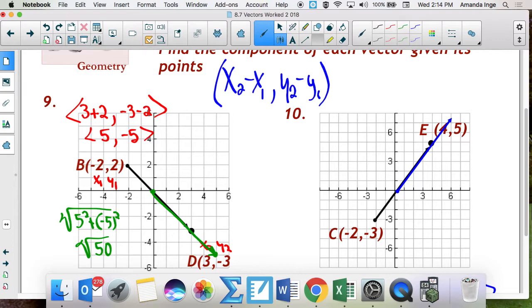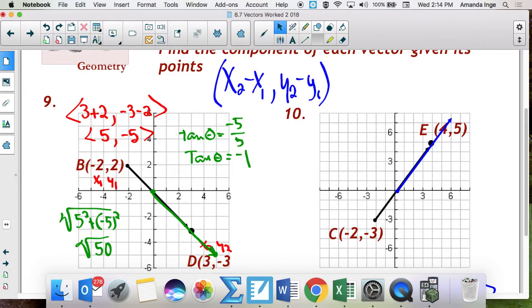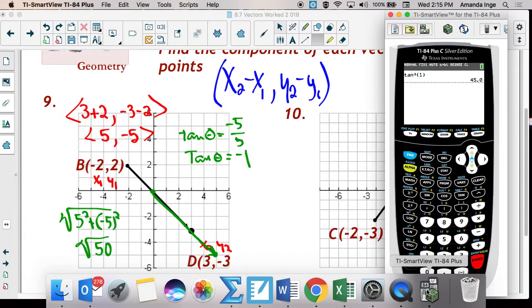Then the tangent would be equal to negative 5 over 5. The tangent of theta would be negative 1. The second tangent, negative 1. It's going to be 45 degrees again.